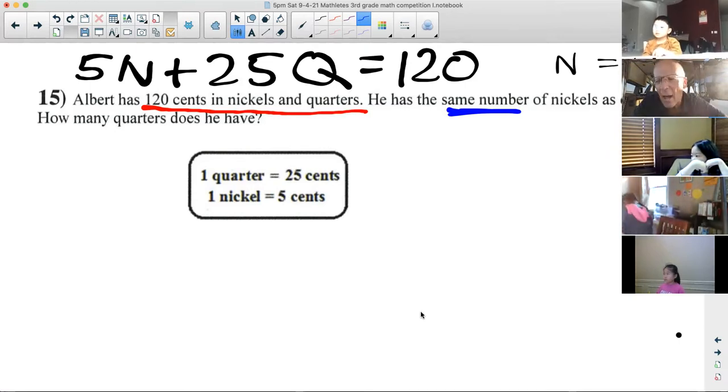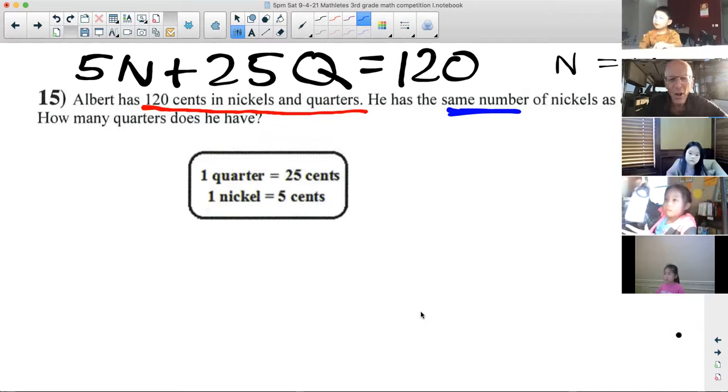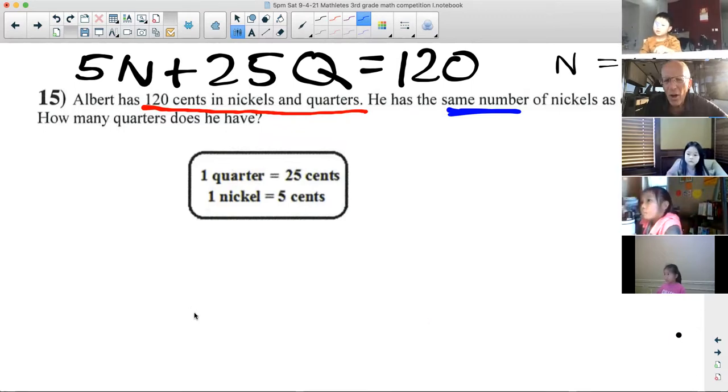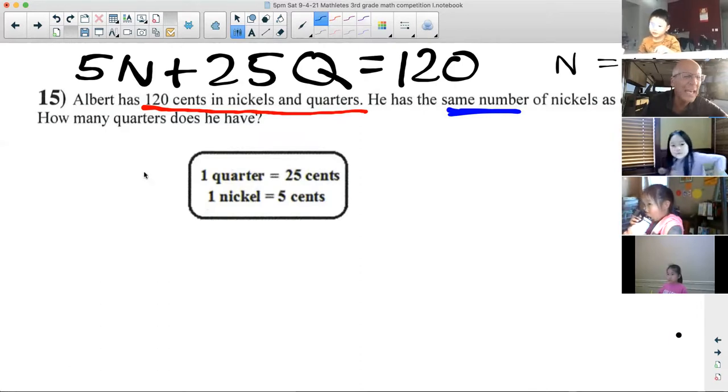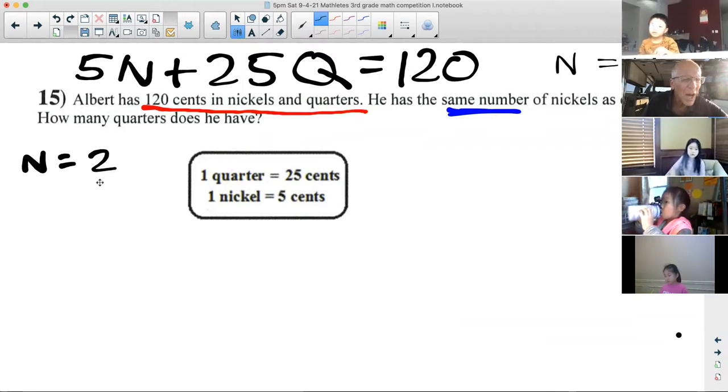Okay, Jason, now tell me what you think. N equals 2. So you think N equals 2? And what about quarters?